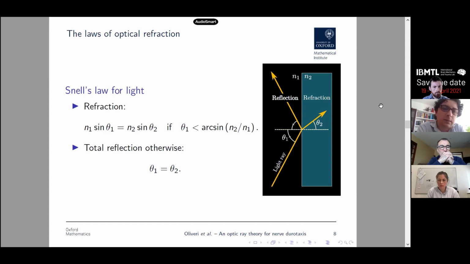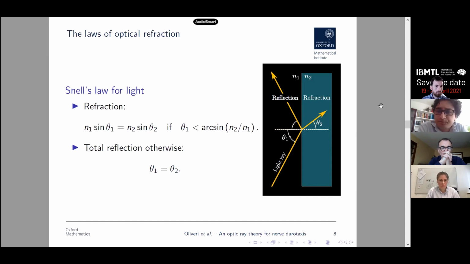What Snell's law tells us is that if we send a light ray to a refractive interface, so an interface between two zones with different refractive indices, the refractive index, roughly speaking, quantifies the optical density of the medium, this light ray can behave in two different ways.